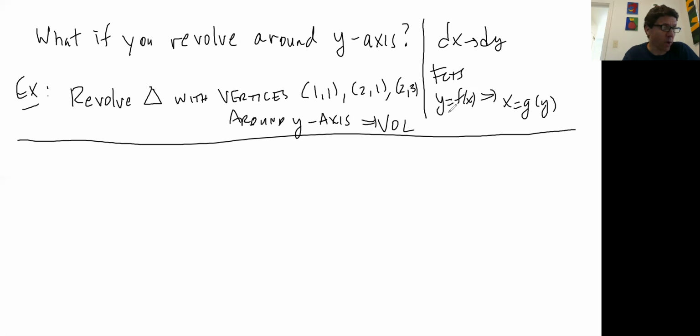So it's still going to be the idea where you do pi times the radius squared. It's just, instead of being in terms of x's, it's going to be in terms of y.